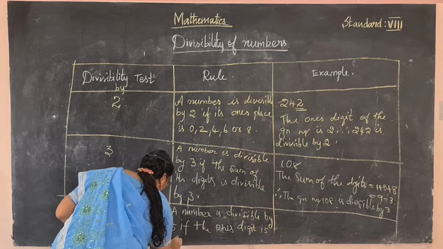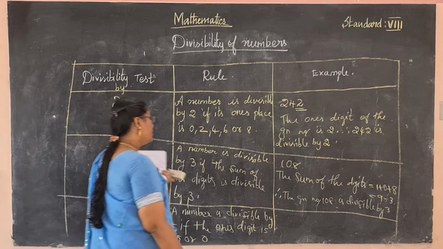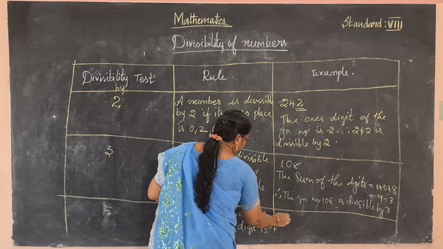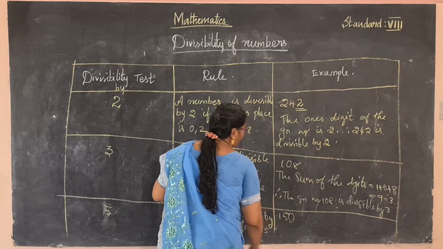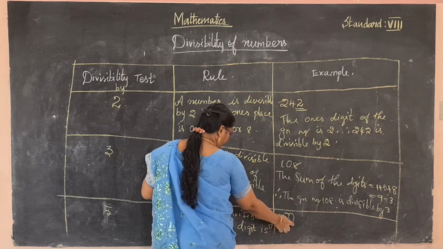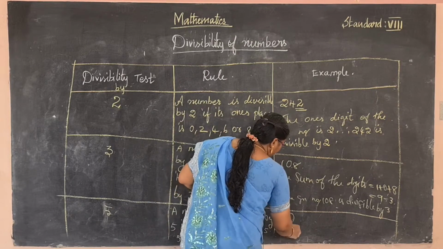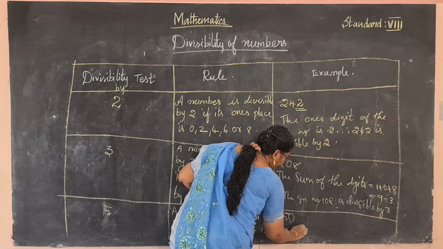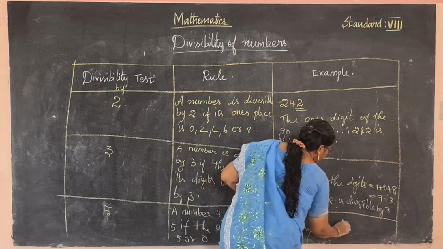Example: 150. The given number ends with 0, so the given number 150 is divisible by 5.